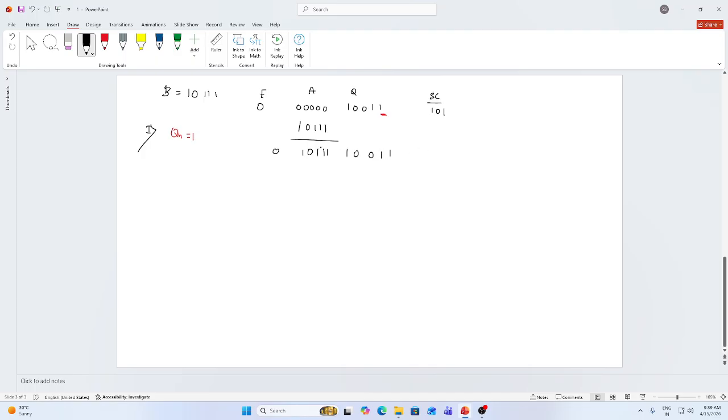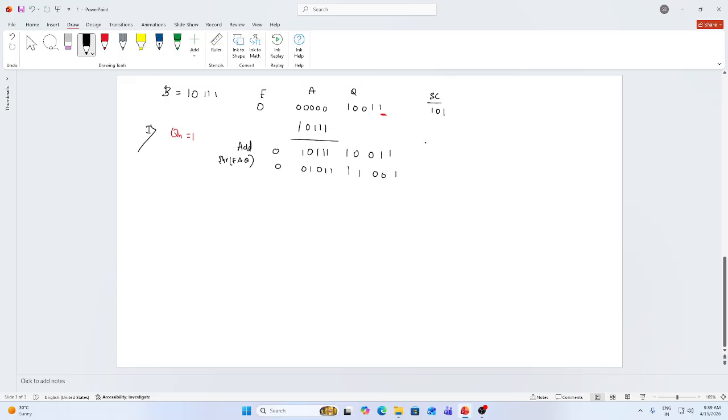After the add, I need to perform a right shift of EAQ. This bit will come here, and finally this bit will go out. Now performing the right shift, a 0 will come here, so 1 0, this 1 1, this 1 will come here, 1 0 0 1, and this 1 will vanish.